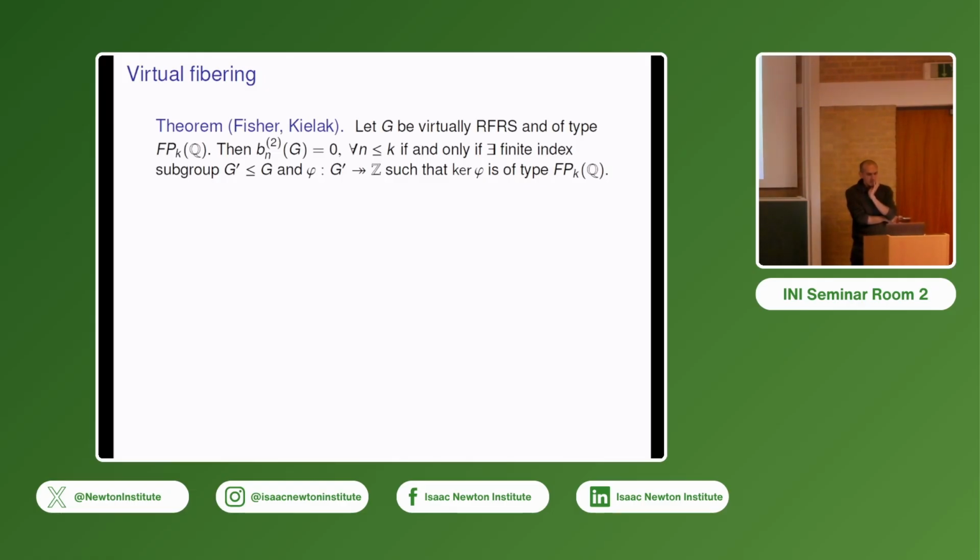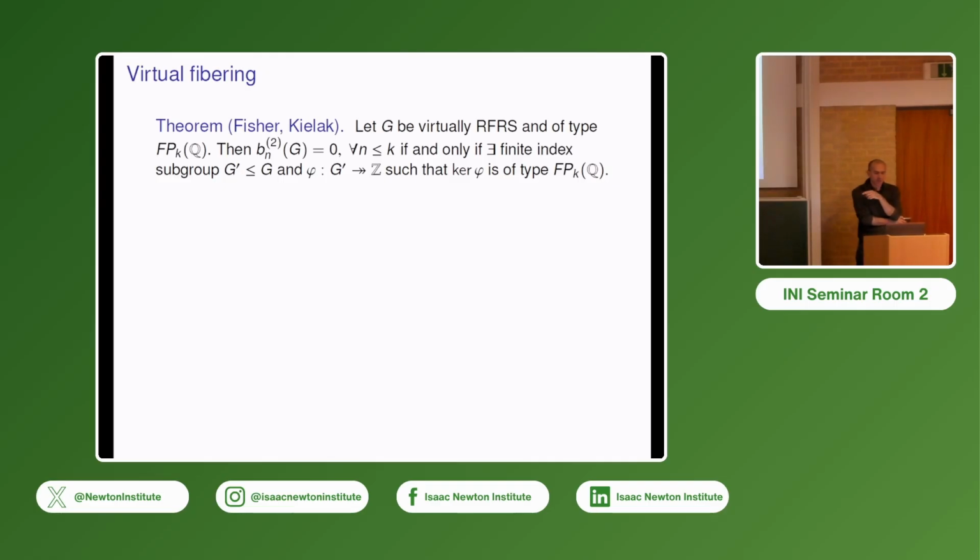So that G is virtually of type FP_k over the ring Q. Then L2 Betti numbers of G vanish up to degree k if and only if there's a finite index subgroup G prime in G, which surjects onto Z, such that the kernel is of type FP_k over Q.